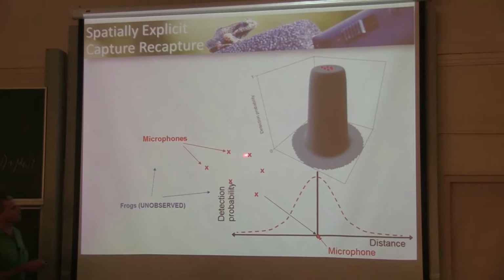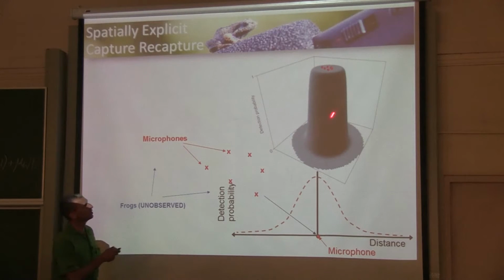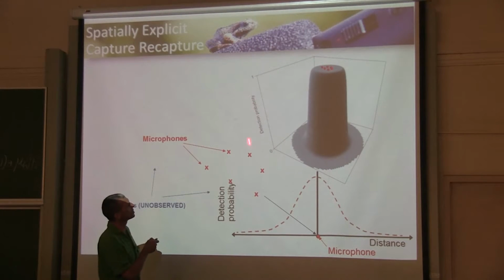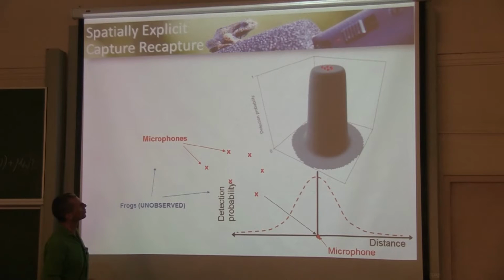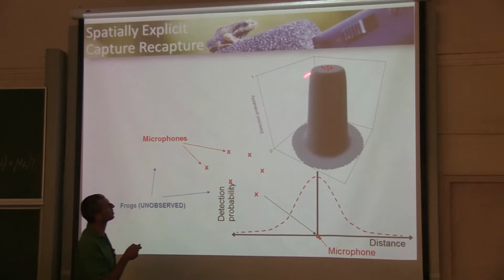And when you have 6 microphones, you can draw this detection probability as a function for all 6 of them, and you get this rather large plateau type diagram that was produced for me yesterday, I'm happy to say.